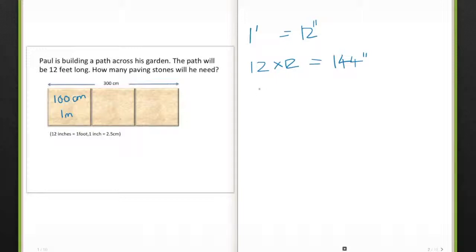Now 1 inch equals 2.5 centimetres. So I now need to multiply my 144 by 2.5 to turn it into centimetres.